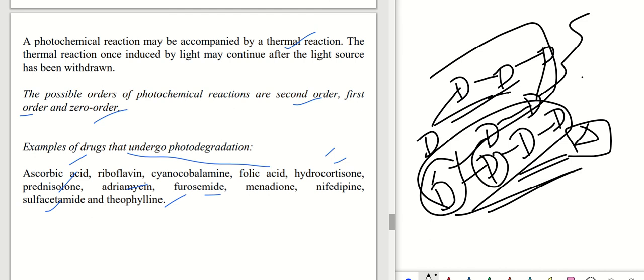So there is a wide classification of drugs that undergo photodegradation. That is why we need to give good storage conditions to the patient.